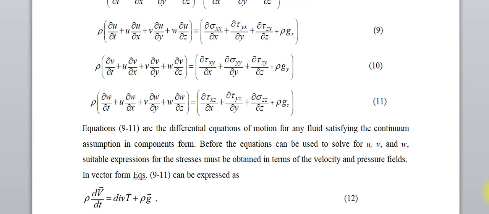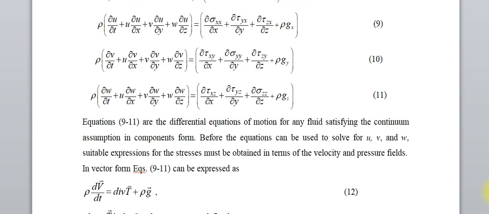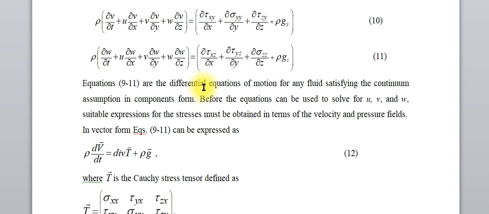So you can see 9, 10, 11. Equations 9 to 11 are the differential equations of motion for any fluid satisfying the continuum assumptions in component form. Before the equations can be used to solve for u, v, and w, suitable expressions for the stress must be obtained in terms of the velocity and pressure field in vector form.